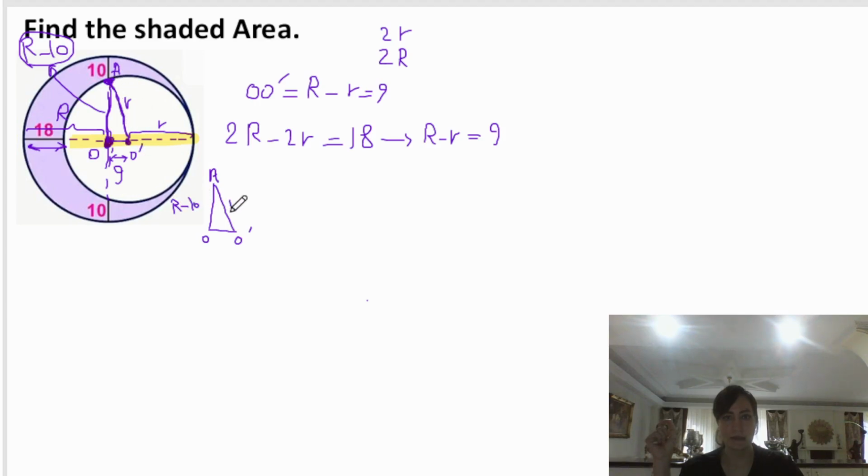AO prime is the radius of the inner circle, and OO prime is 9. As I said, it's a right angle triangle.